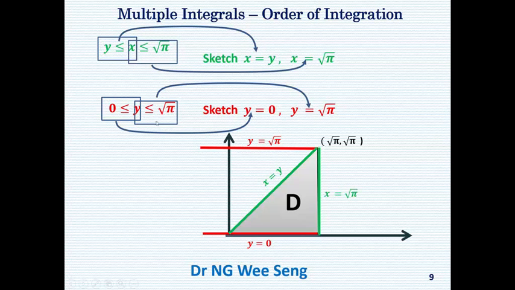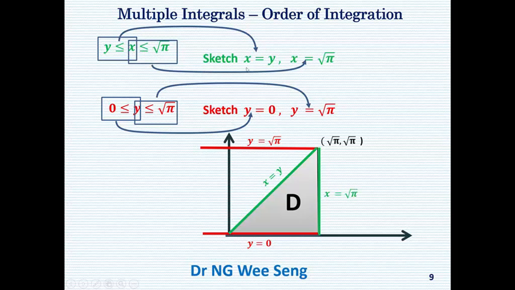Once we have the inequalities for both x and y, we will sketch the boundaries. And by this I mean, you will set the inequality sign to equality sign. For example, x more than or equal to y, we will draw x equals y. As for the other inequality, you will sketch x equals square root of pi. You do the same for the other inequality.